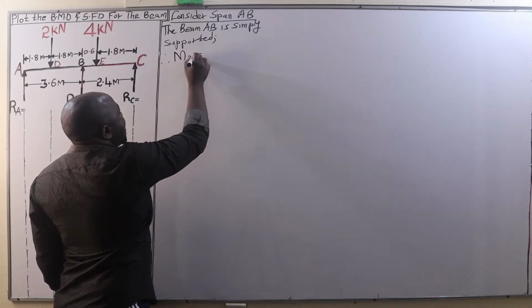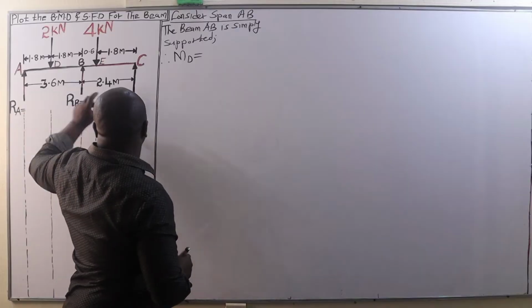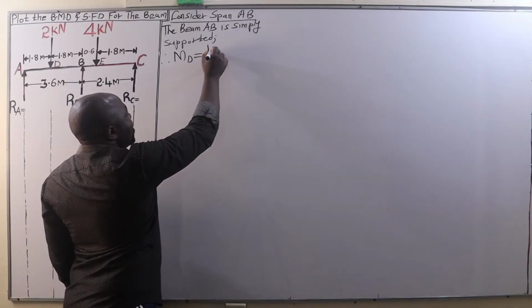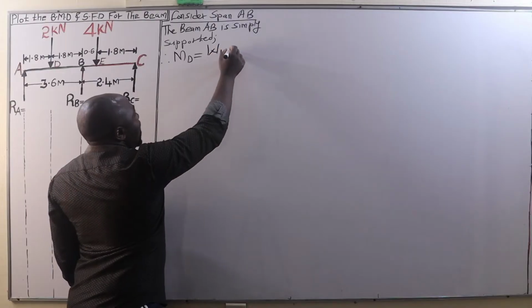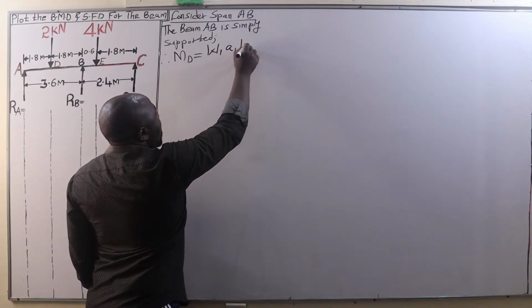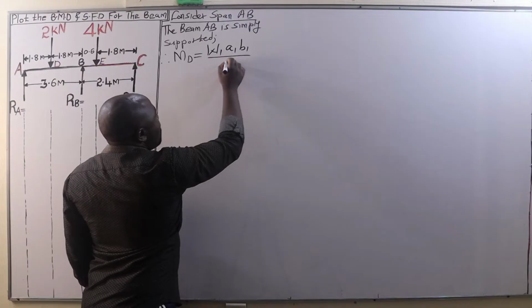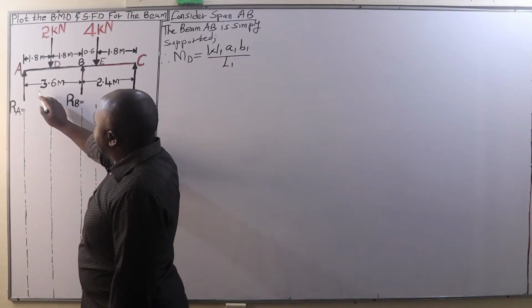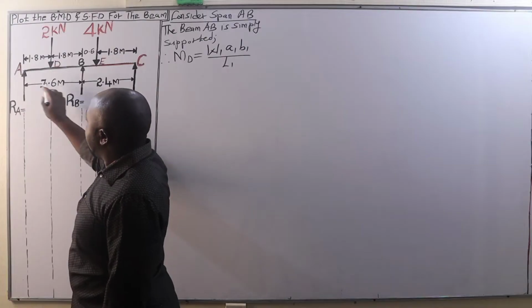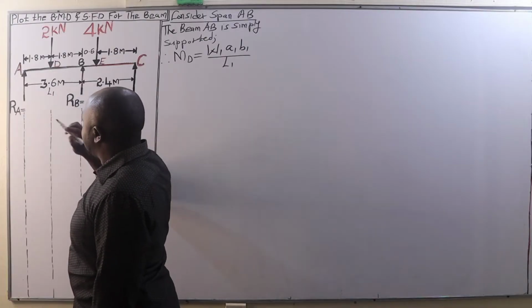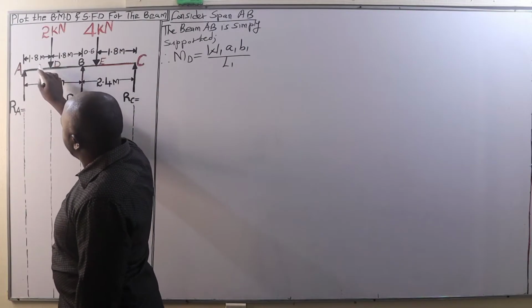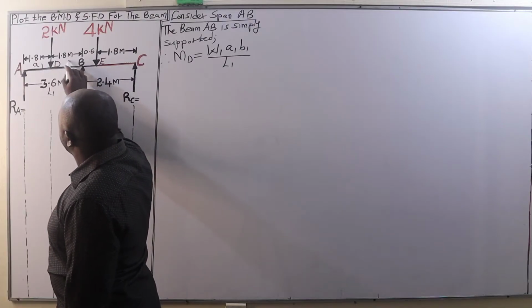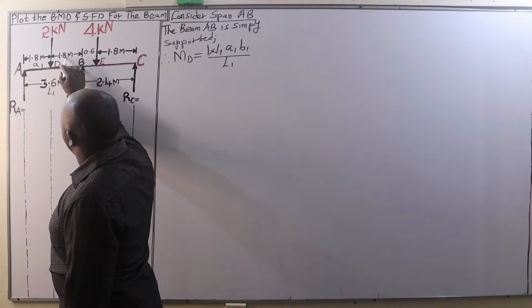Since the beam AB is a simply supported beam, the bending moment at D is going to be equal to W1 A1 B1 over L1, whereby L1 is the span A to B, that is 3.6 meters. A to D is going to be A1, and D to B is going to be B1.